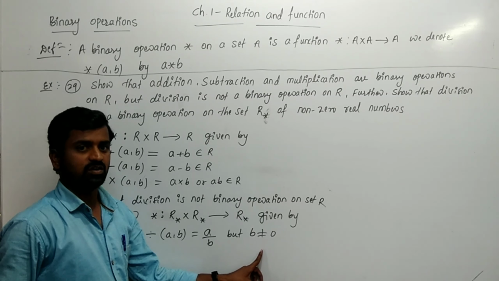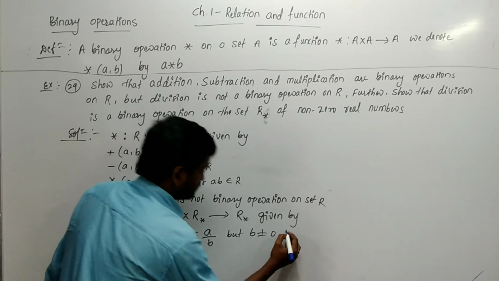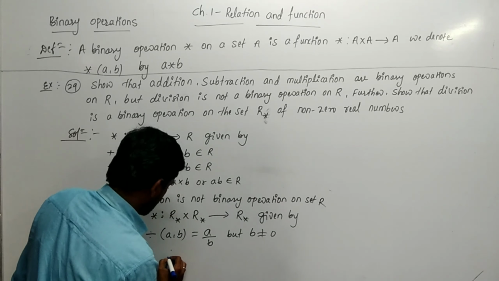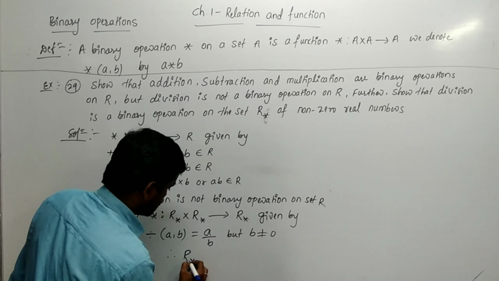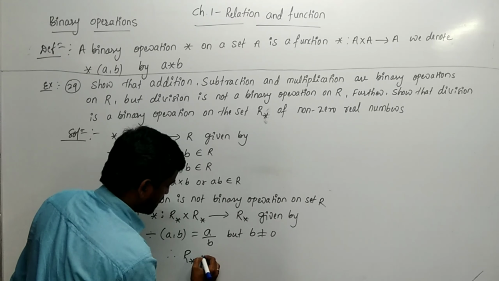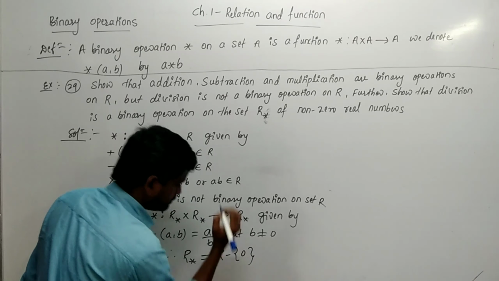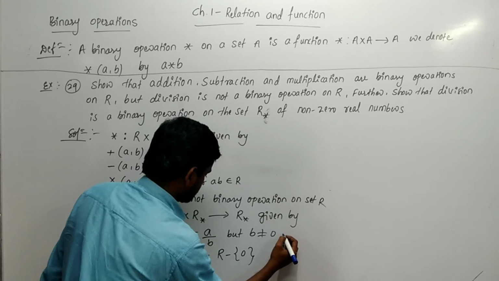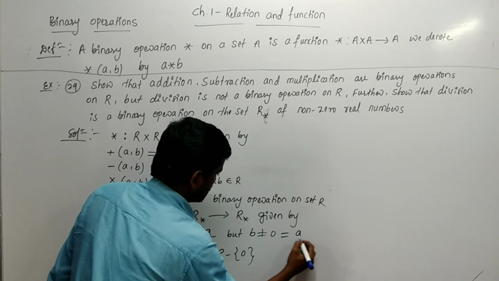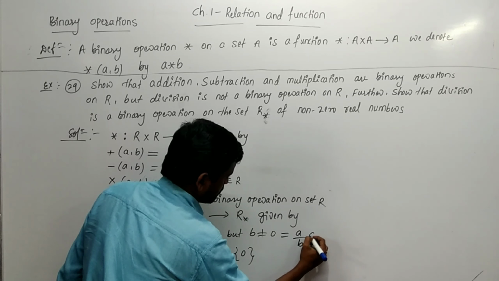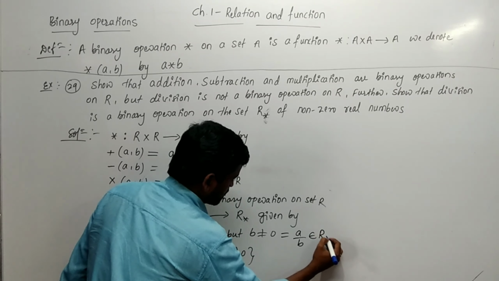Therefore, R star is equal to real numbers except 0. Therefore, a comma b belongs to R star.